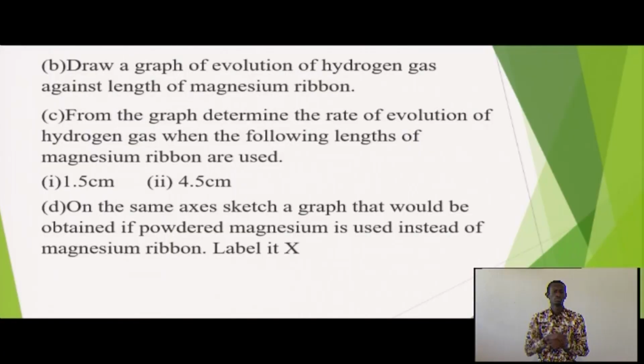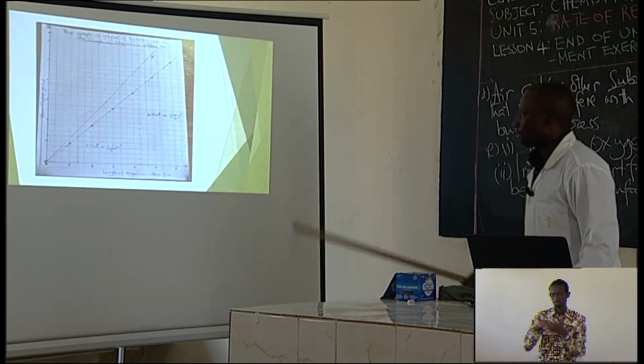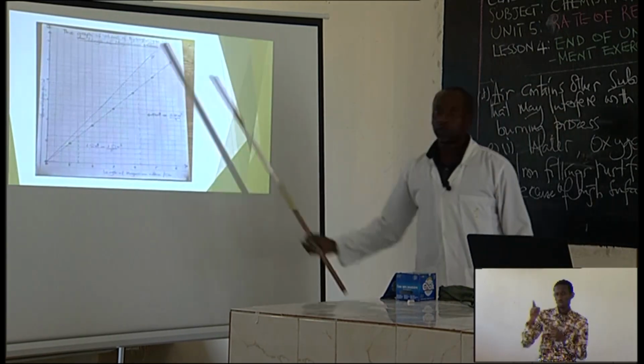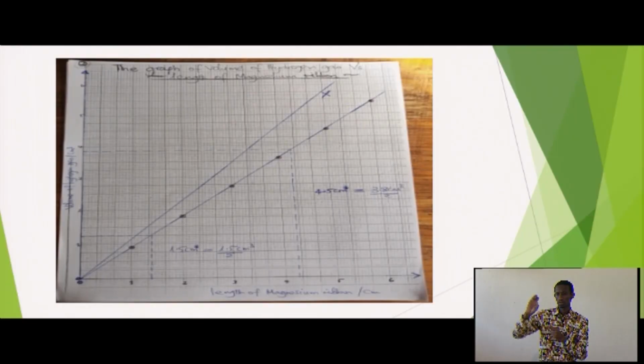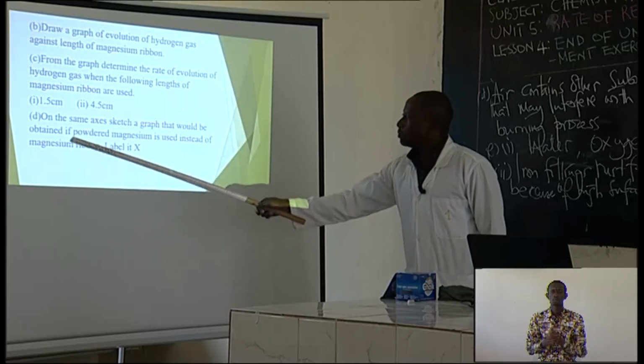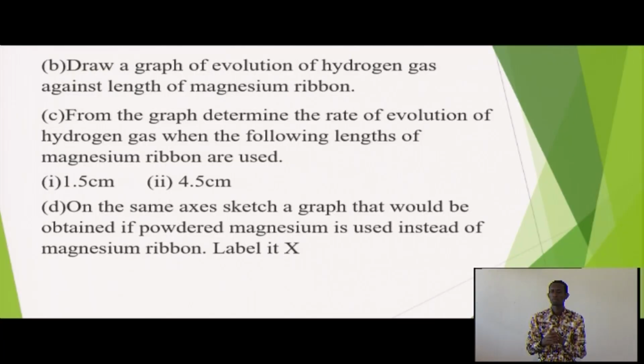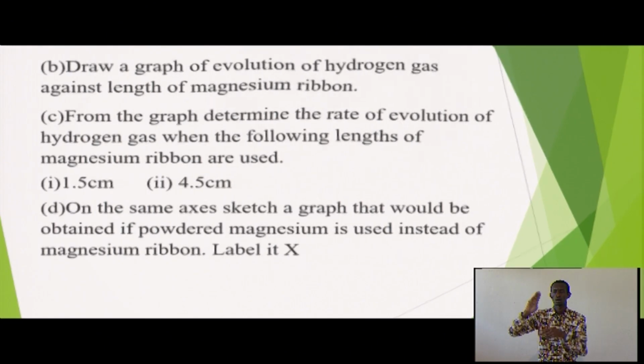Then on the same axis, sketch a graph that would be obtained. This is the sketch graph that has been obtained. And how has it been obtained? That would be obtained if powdered magnesium is used. So the magnesium was a ribbon, and then changed from ribbon to powder.